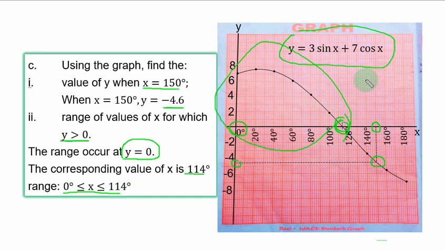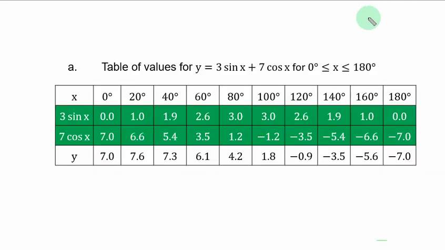Let us see that. From the graph we have 114 degrees, which you can obtain between 100 and 120. Now see that if you trace it down, values of y greater than 0 are to the left.